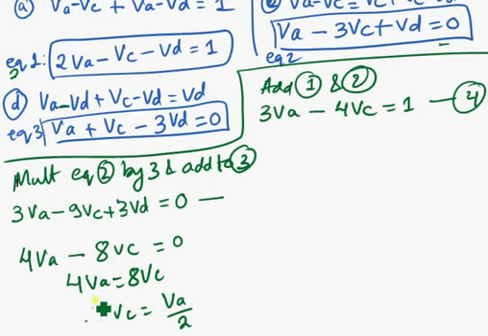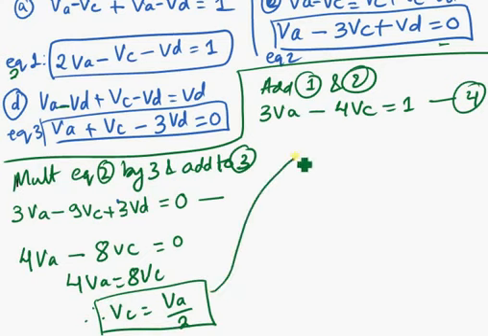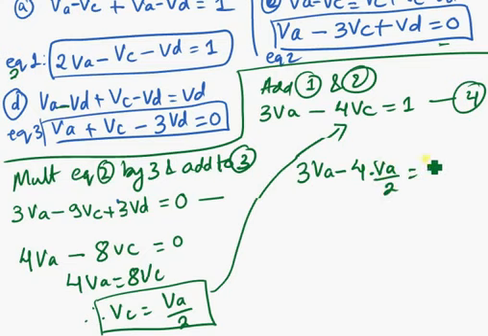Okay. Now let's go back to expression 4 and plug in the value of VC. So we have 3VA minus 4 times VC, which is VA over 2, equals 1. So 3VA minus 2VA equals 1. In other words, VA equals 1 volt.